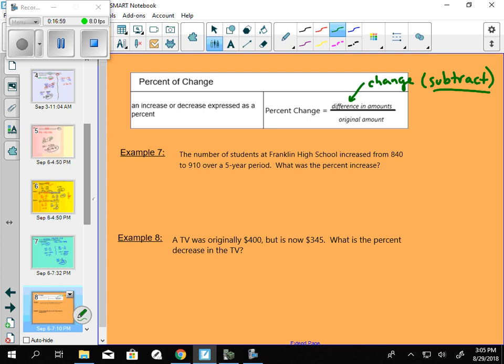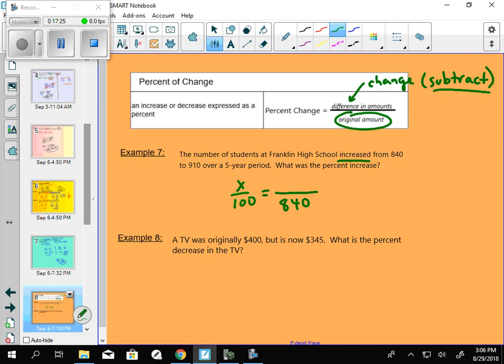So looking at example 7, the number of students at Franklin High School increased from 840 to 910 over a 5-year period. What was the percent increase? So what percent out of 100 would result in this change? Here we want the original amount on bottom, so 840 is our original amount.